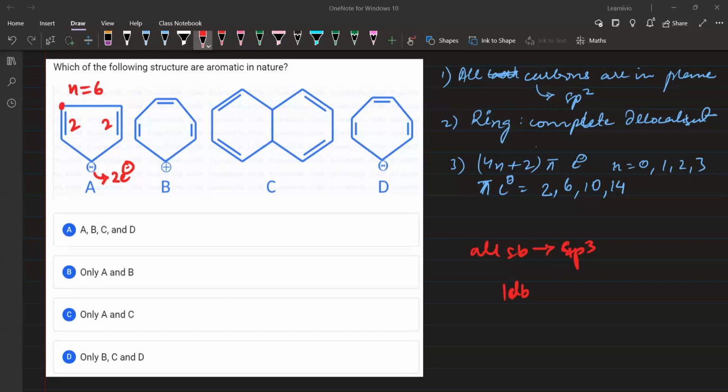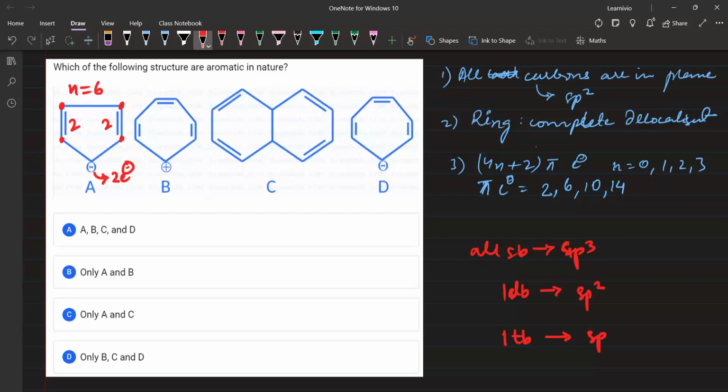Okay, when you have one double bond, it will be sp2, and when you have one triple bond, it will be sp. Okay. So these are the different things that you can remember. So this is having one double bond, so it will be sp2, one double bond sp2, one double bond sp2, one double bond sp2.